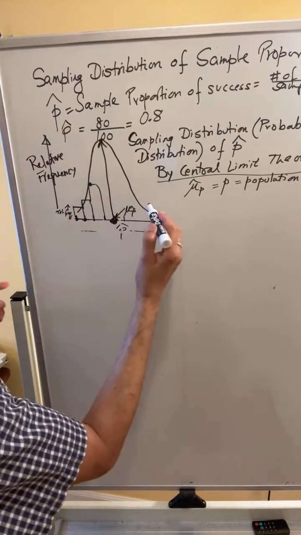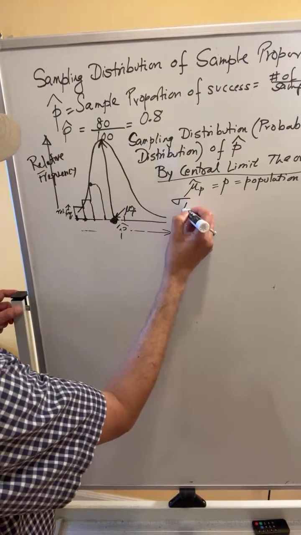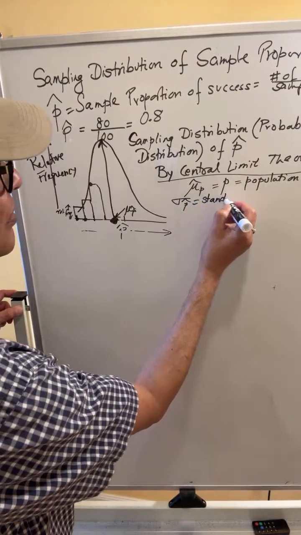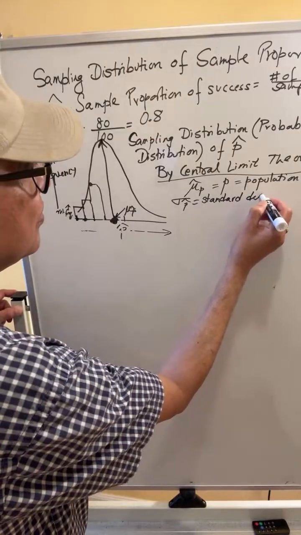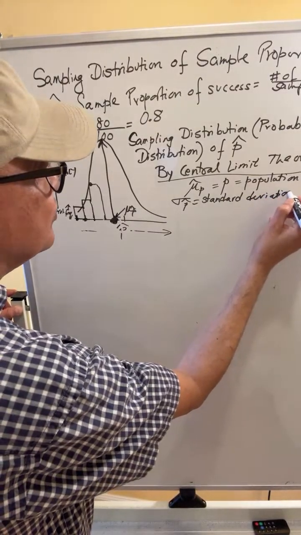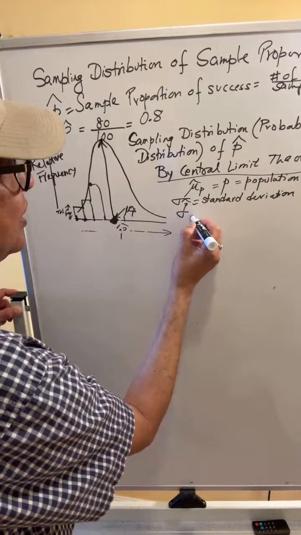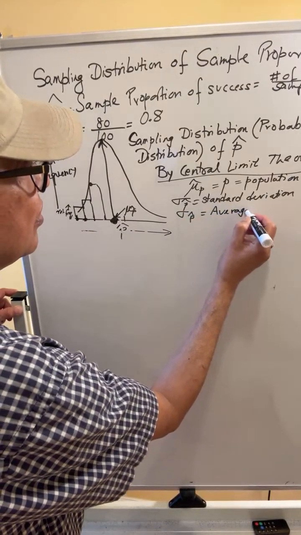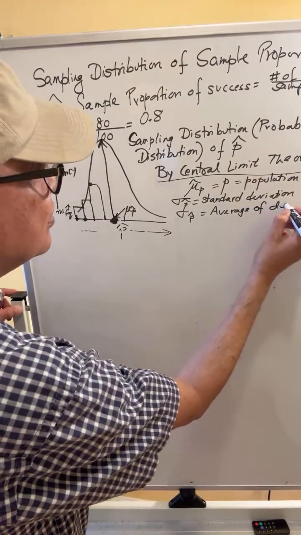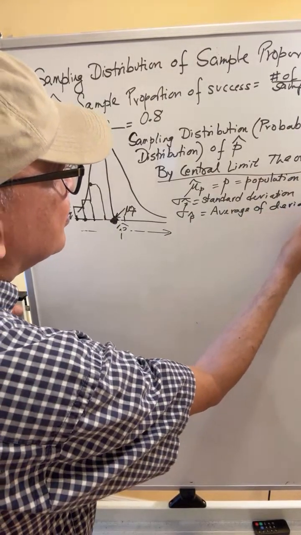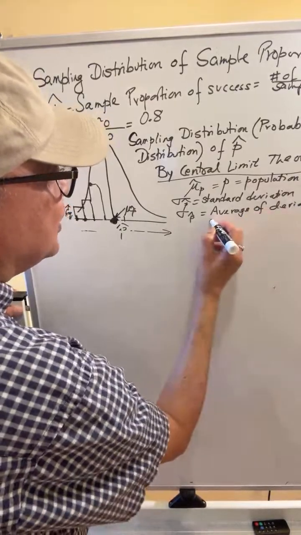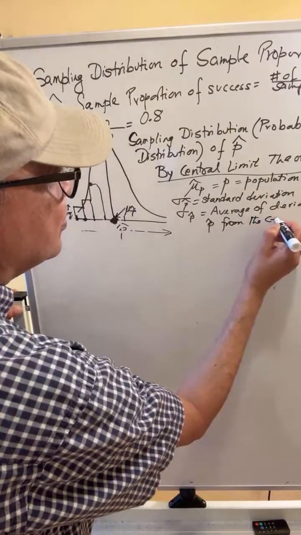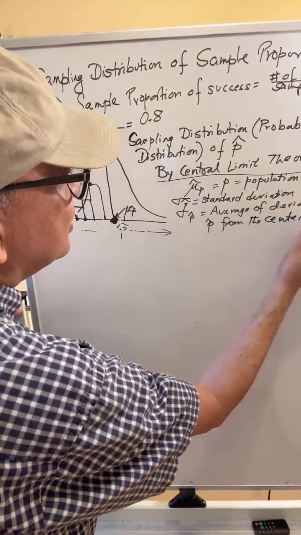How about the spread in this distribution? That is given by sigma p hat. It is the standard deviation of this distribution. That means sigma p hat gives us an average deviation of p hats, or difference of p hats from the center, which we already know is p.